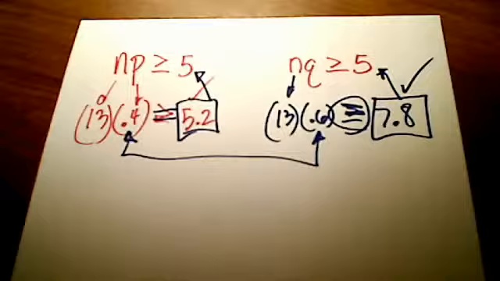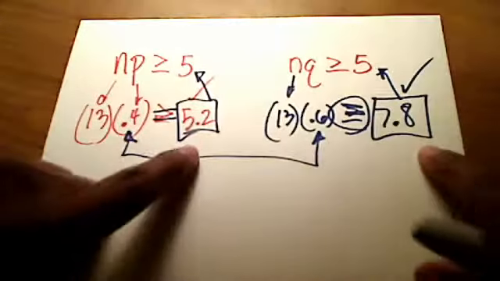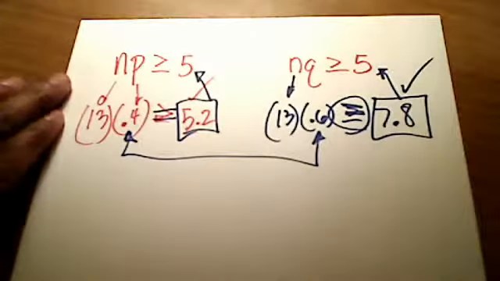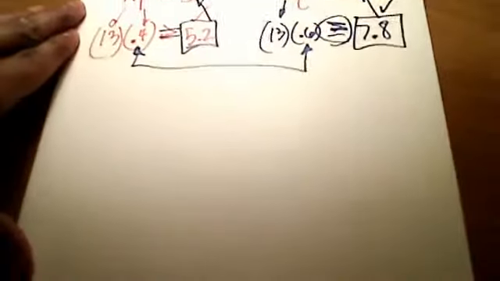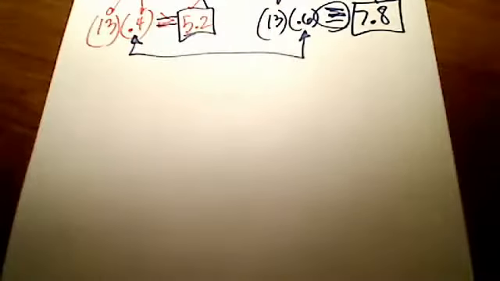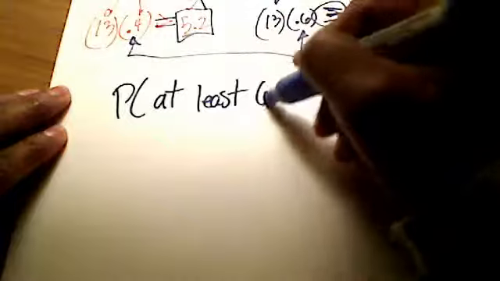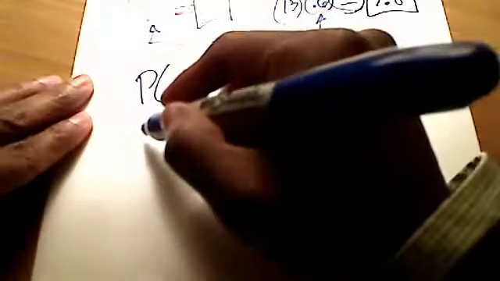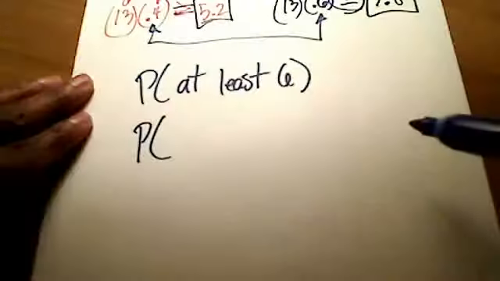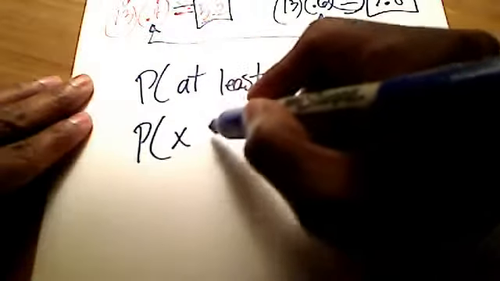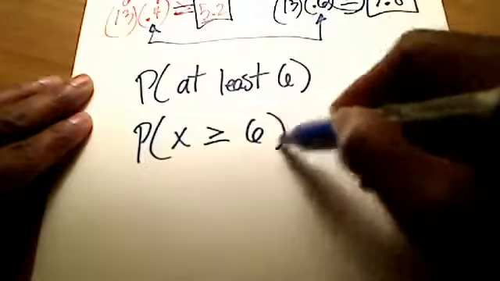In the first example I showed you, I couldn't because both of them did not give me values greater than or equal to 5. Now that I've proven that, what I'm going to do then is this. I'm looking for the probability of at least 6. And as I showed you just a moment ago, that's the same thing as saying the probability that x is greater than or equal to 6.